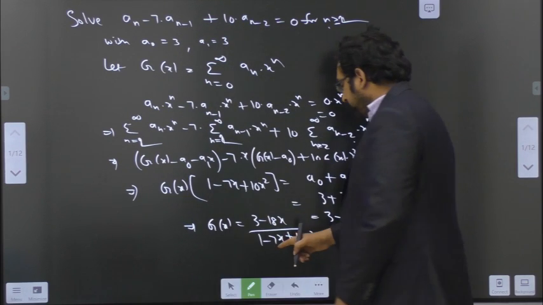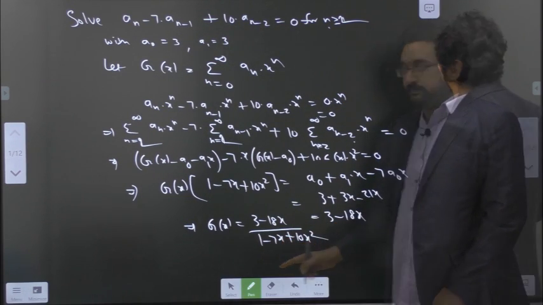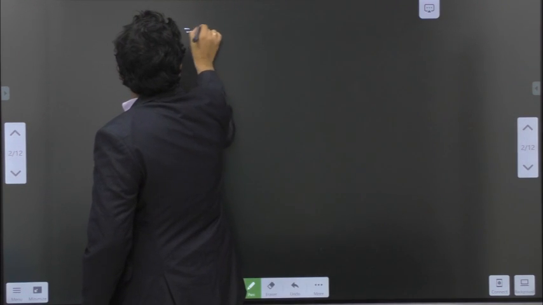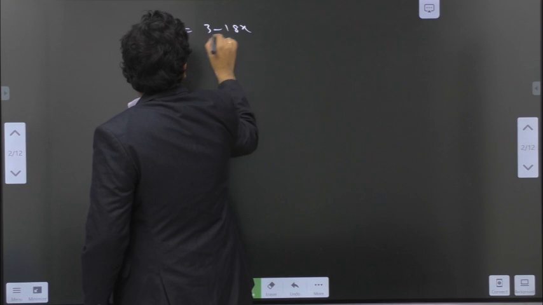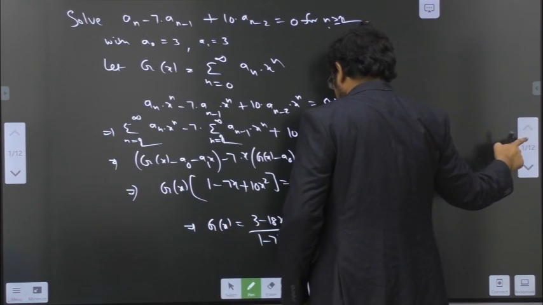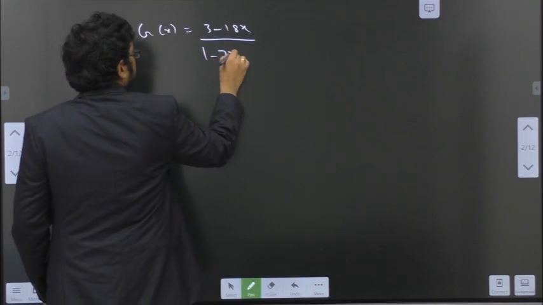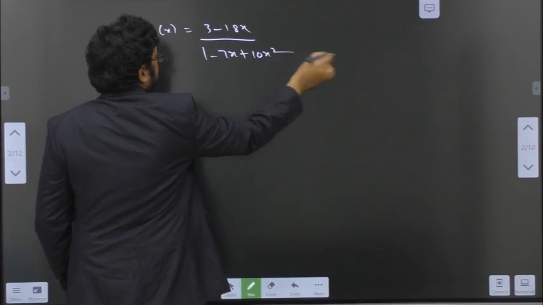Now we have to find partial fractions for this one. So g(x) equals (3 minus 18x) by (1 minus 7x plus 10x squared).